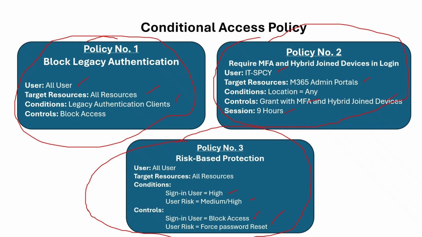This ensures we're not just reacting to threats but automatically responding based on detected risk. With these three policies in place, we're covering the fundamentals: eliminating weak authentication, securing privileged access, and responding dynamically to risk. So let's head to the demo now.